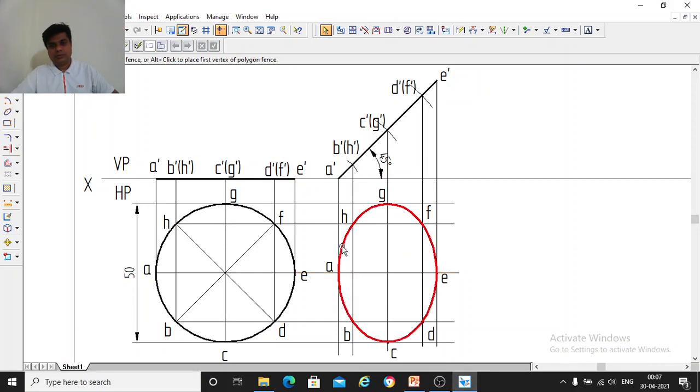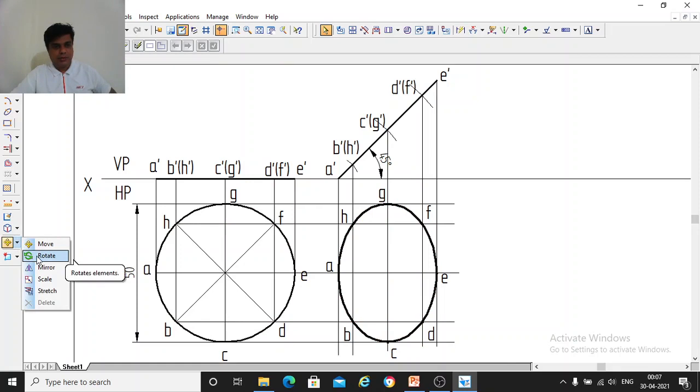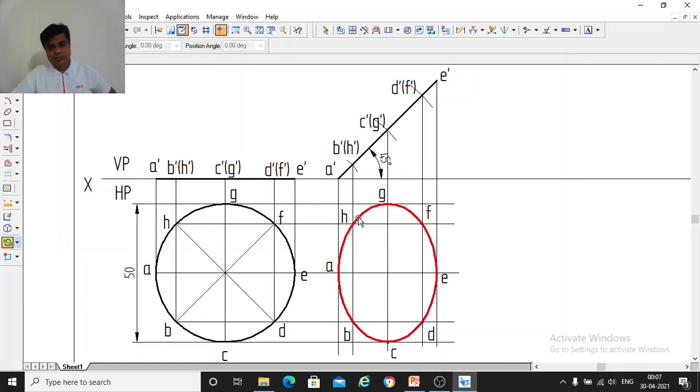So what we'll do is we will just redraw this circle here. So you make this CG parallel to the XY line. It is perpendicular now, so rotate it and keep it here. So we redraw this circle now.